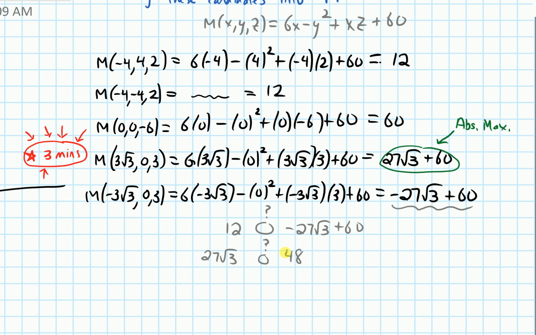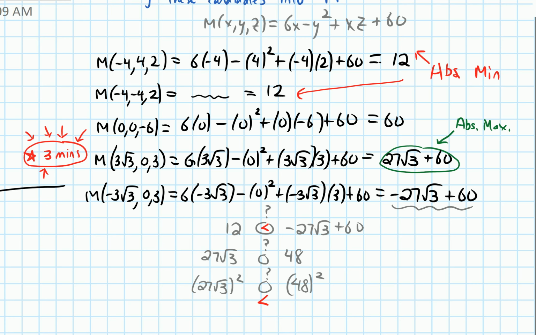If both of these are positive, then if you square both sides, it won't change the sign, and you'll end up getting rid of the square root. If you work this out, the sign turns out to be: 48 squared is a bit bigger than 27 root 3 squared. So going back, 12 is smaller. So 12 is our absolute min.